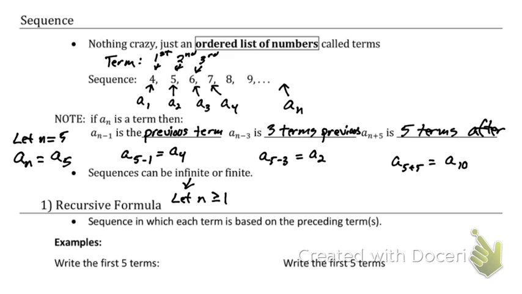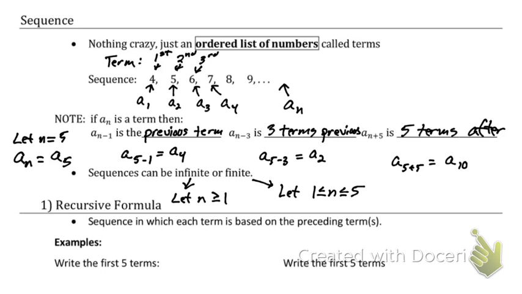A finite sequence would look more like this. We would let 1 be less than or equal to n is less than or equal to 5. In fact, if I let n be somewhere between 1 and 5, I would be looking at a sub 1, a sub 2, a sub 3, a sub 4, and a sub 5, so I'd stop at that 8 in this sequence.